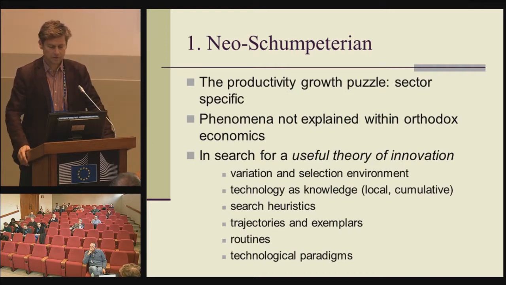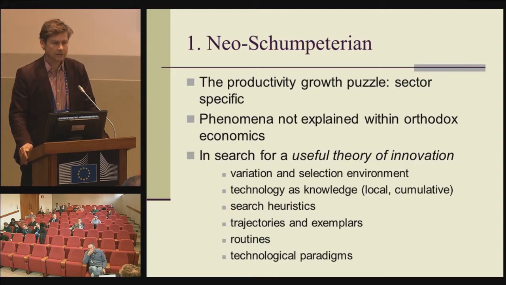So, economic explanations of innovation. They focus on something that is not explained in orthodox economics, in search of a useful theory of innovation, that is the famous phrase of Nelson and Winter, already 1977, where they introduced this idea of evolution, so variation and selection, and focusing on technology in firms, in different sectors, and how there would be variation guided by rules, heuristics, search heuristics, and how these steps then end up in trajectories and eventually technological paradigms.